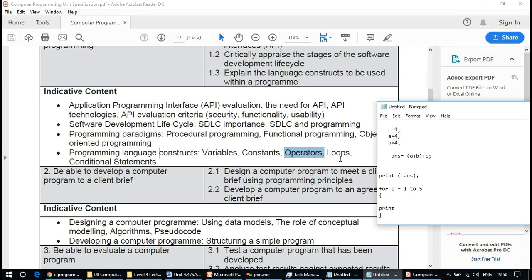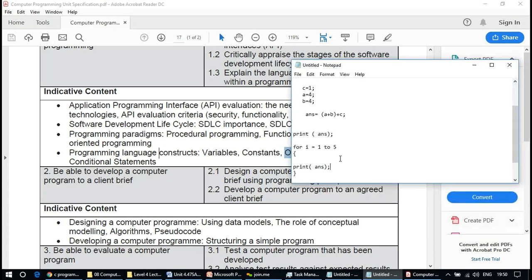If one variable is 2, another variable is 2, and you do the addition, 2 plus 2 is 4. Then after adding the constant, plus 1, it is 5.